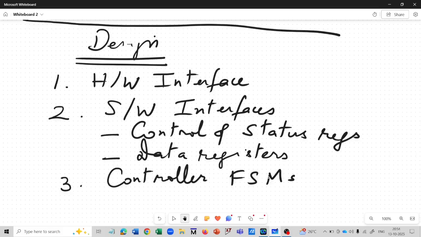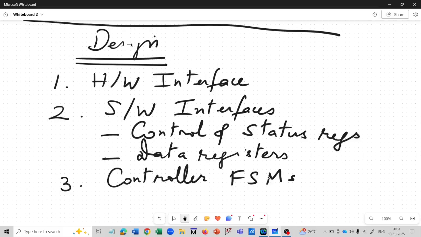First, we will define the functionality of the design thoroughly. And once we are clear about the functional steps on the host and device side, then we can easily come up with the hardware interface, that is, the pins that form the periphery of the chip.